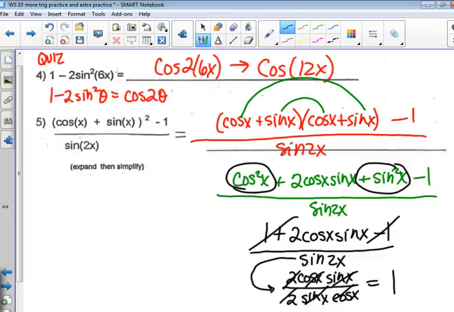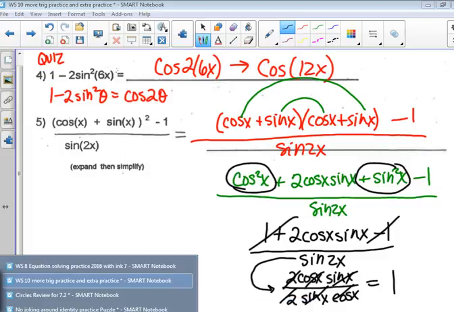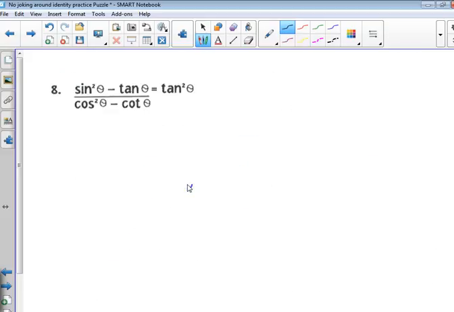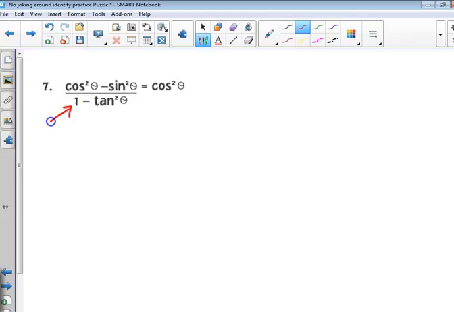9A number 7. 9A number 7. Okay. Can I trade something for the denominator down here? What is 1 minus tangent squared? Nothing. It is nothing.